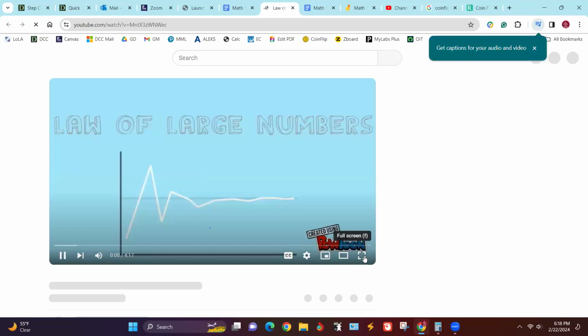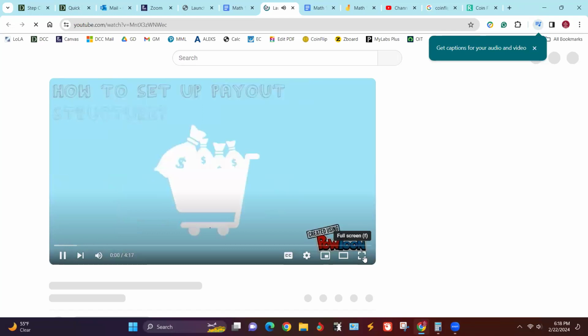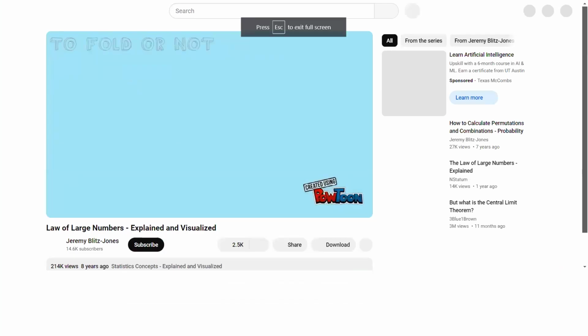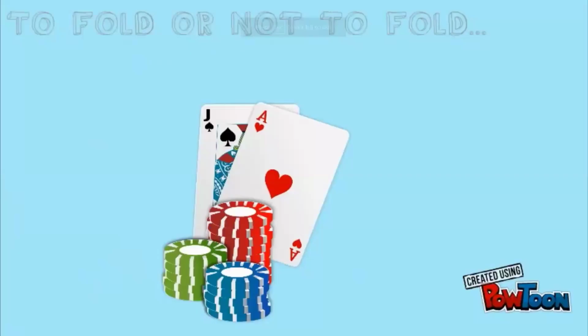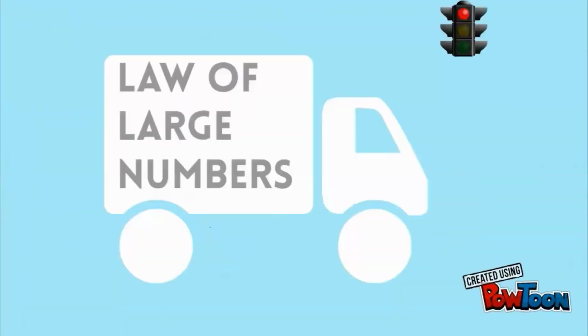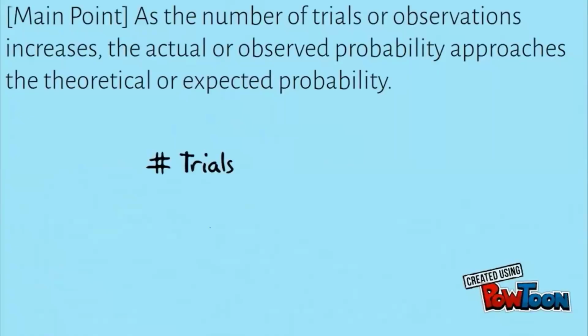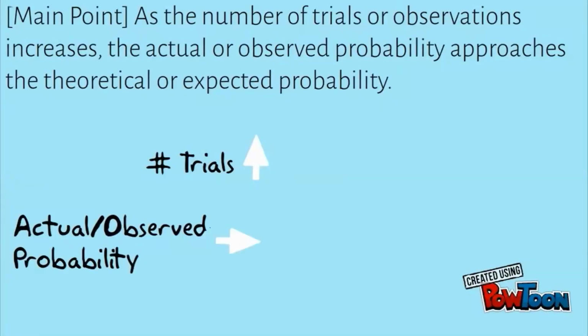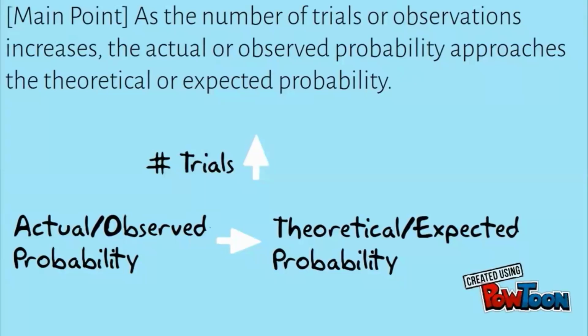Decide how much to charge for car insurance. How do casinos set up payout structures to make sure that they make a profit? How does a poker player decide whether or not to fold? How do we efficiently measure the appeal of a political candidate? The answers to these questions are informed by the law of large numbers. The law of large numbers states that as the number of trials or observations increases, the actual or observed probability approaches the theoretical or expected probability.